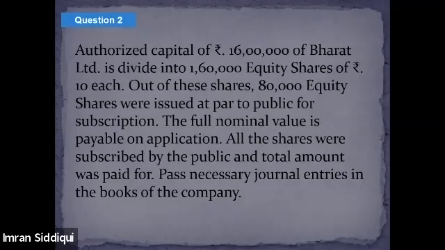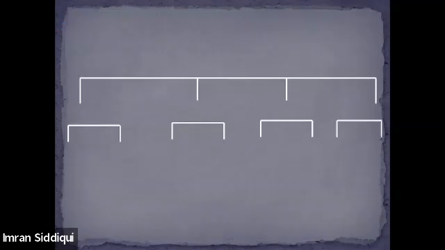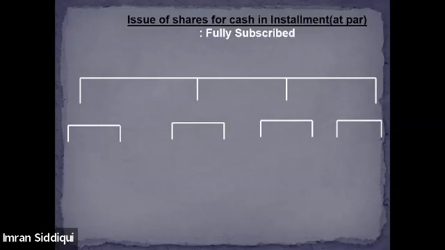Okay, so these were two questions based on the lump sum. Let's discuss a question wherein the shares are being issued and the payment is going to be received on installment basis. So see, we are just covering a case when the shares are being issued at par, that means at face value.